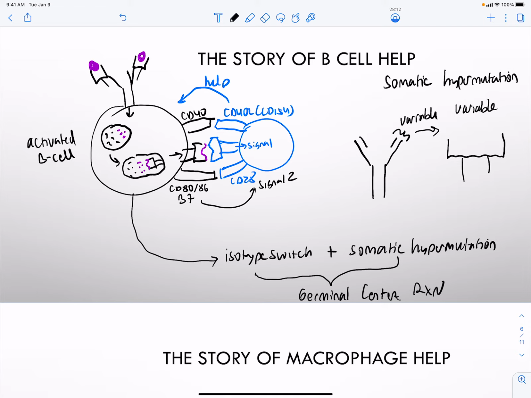You will have in it these areas called constant, and then you'll have in it these hypervariable regions. And it's these hypervariable regions that change. And so they just get better at binding to antigen.